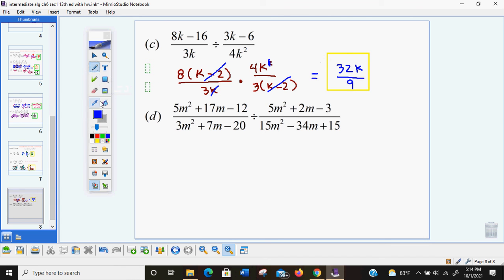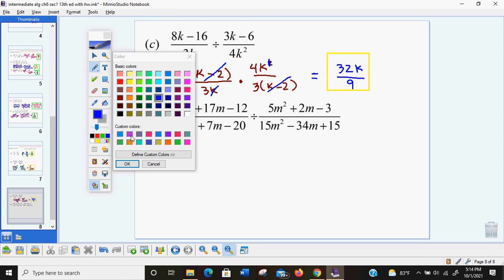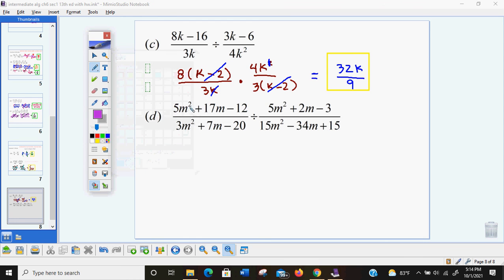One more. So on this one, factor the top. That's going to factor into 5m minus 3 times m plus 4. Double check and make sure I did that right. That gives me negative 12 on the end, negative 3m, positive 20.